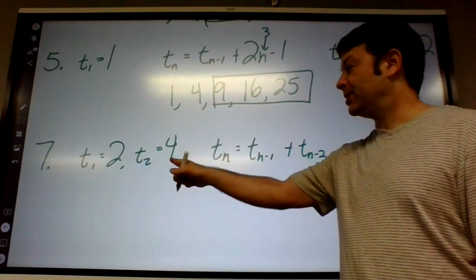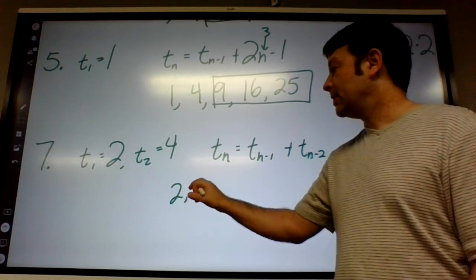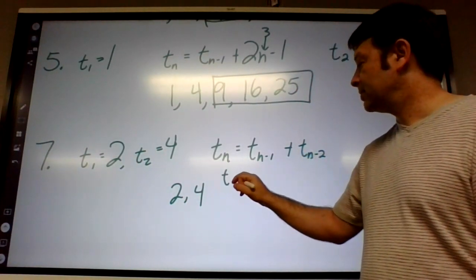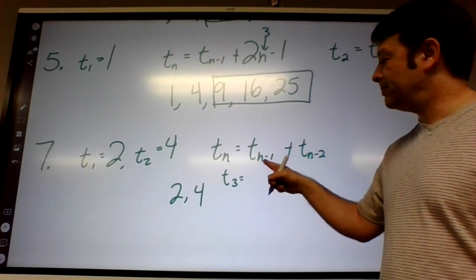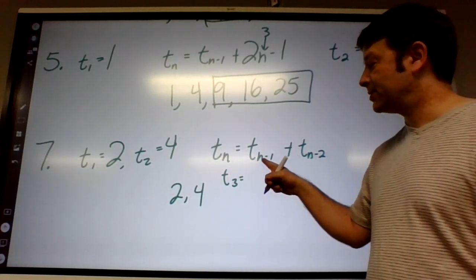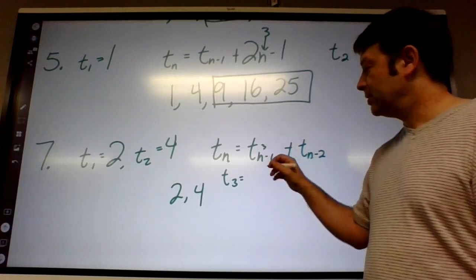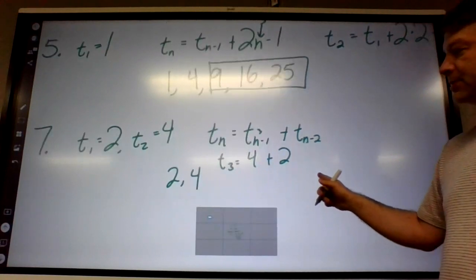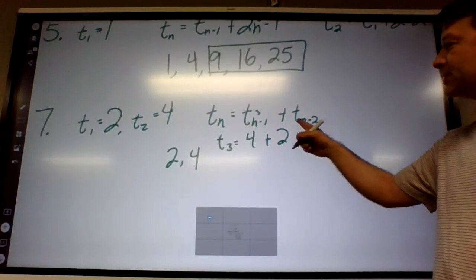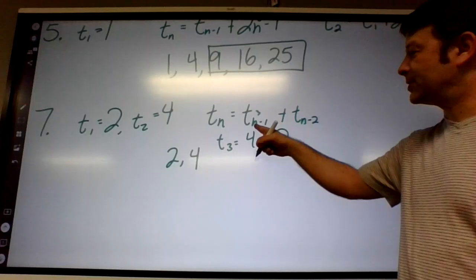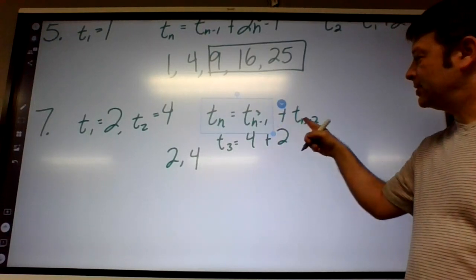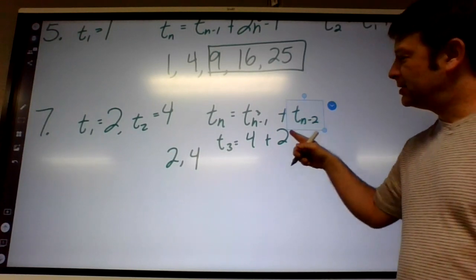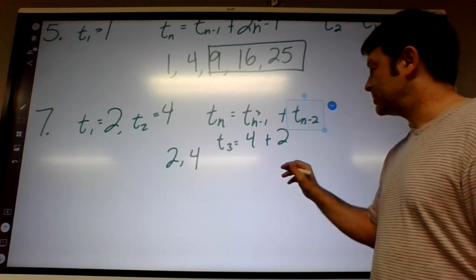So we already know 1 and 2 is 2 and 4. That gives us the first two terms. So the third term equals n minus 1, which would be the second term. 3 minus 1. So it'd be 4 plus 2. So you just add the previous two terms on this one. Does that make sense? So if we're on the third term, this is the 3 minus 1. This is the second term. This is 3 minus 2. This is the first term. Okay, anyway, t sub 3 is 6.